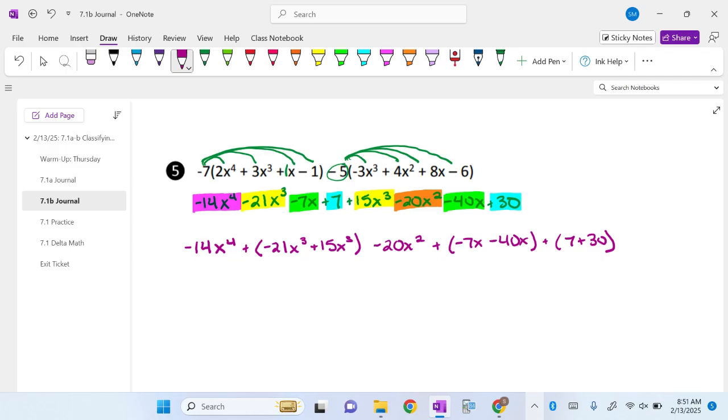So guys, sometimes you can just skip that step and go right into adding, but if you need to see where all the addition is, write it like this. Just take the extra minute and write it like that.